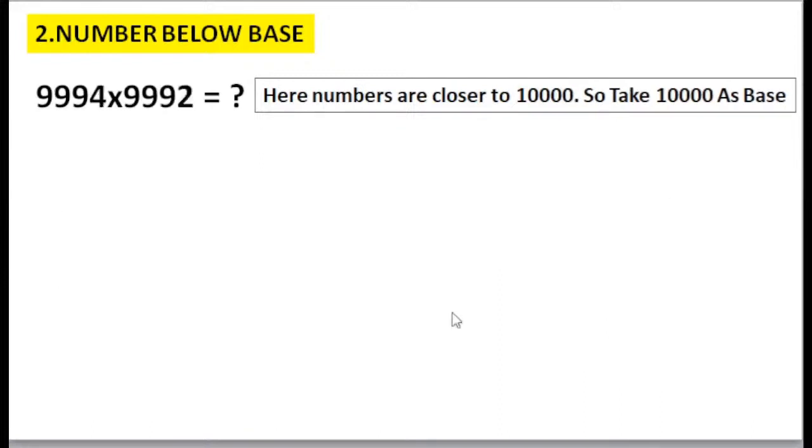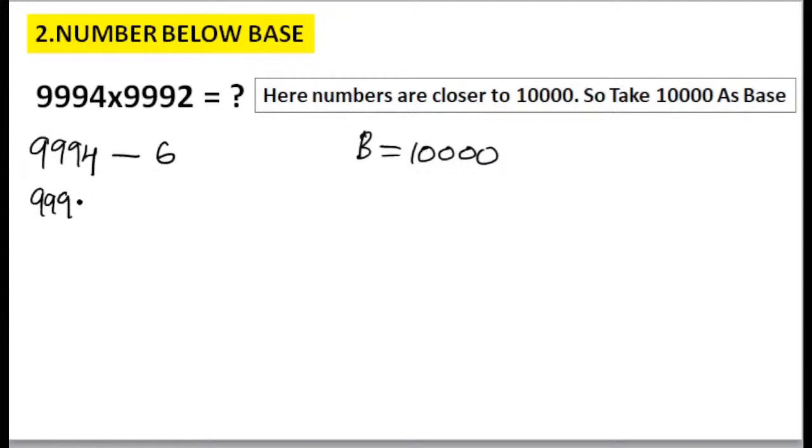Next is 9994 into 9992. Both are nearer to 10,000. So our base will be 10,000, and 9994 is 6 less than 10,000 and 9992 is 8 less than 10,000.